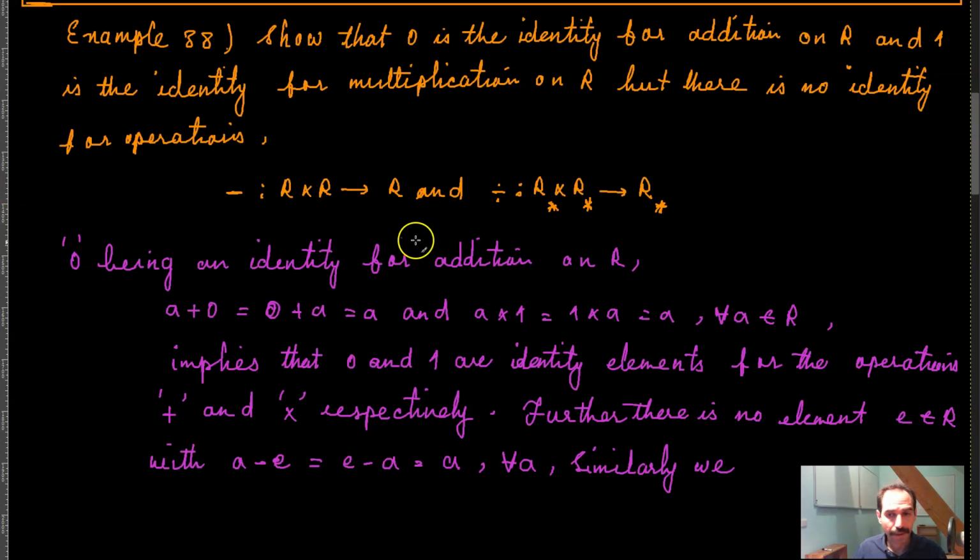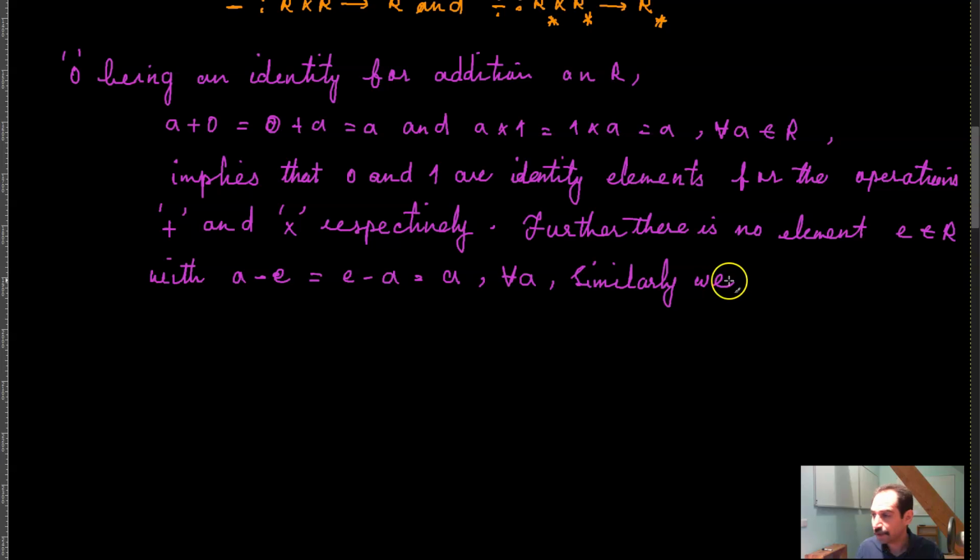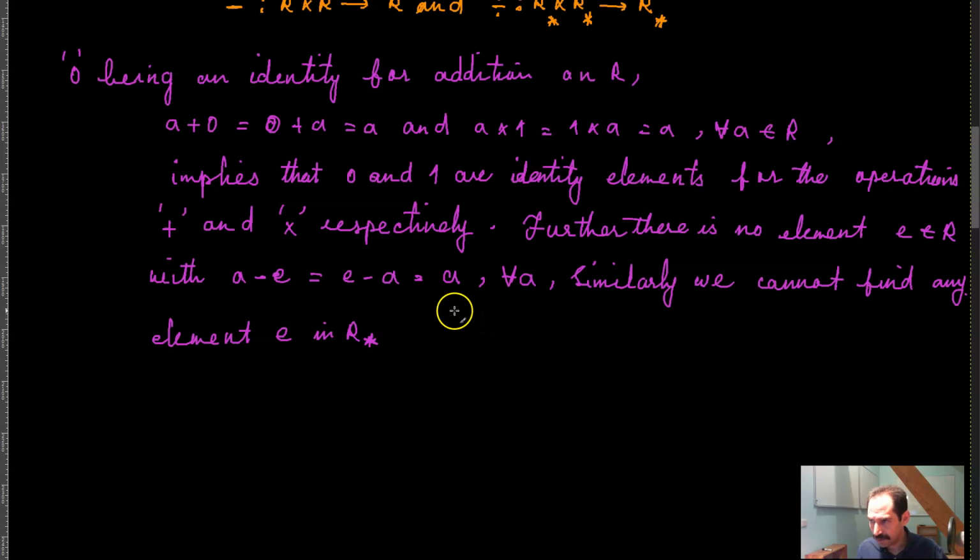So we cannot find any element E in R star such that A divided by E is equal to E divided by A is equal to A, for all A in R star.